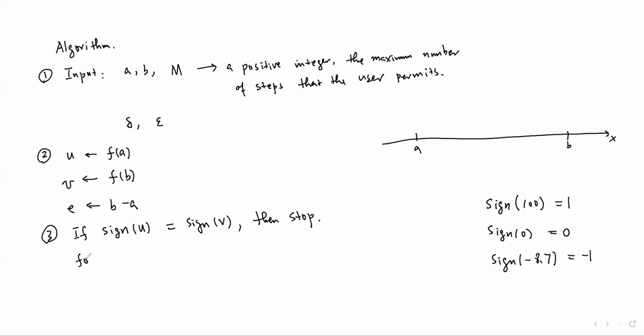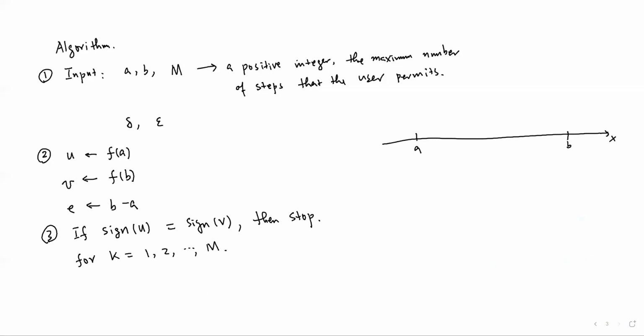A maximum of M steps. Step 1, step 2, maximum M. Okay, now for K going from 1 to M: E now is the length of the interval AB.